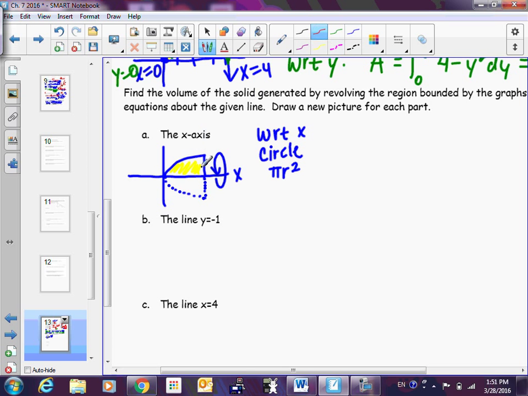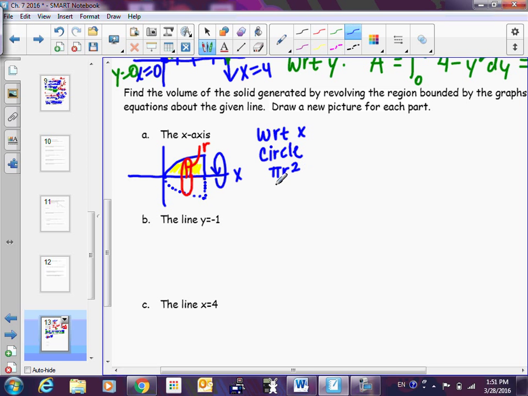All right, let me show you the circle that I'm talking about. If we were to turn this around so that I was looking down at the tip of that bullet, it would look like a circle. Okay, and that would be my circle, and my radius would be right there through the yellow part.